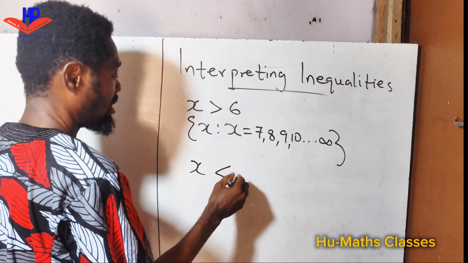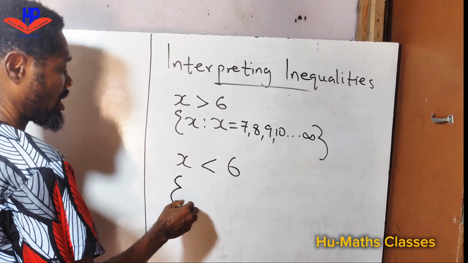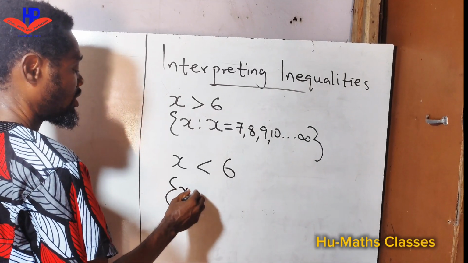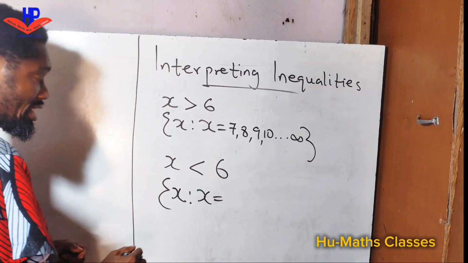X less than 6 will give us a set of x such that x will be numbers that are less than 6.